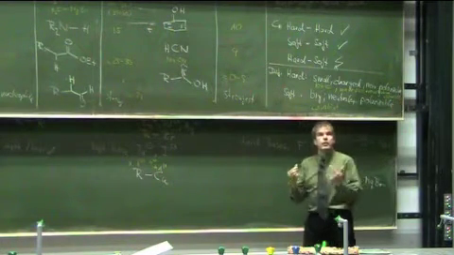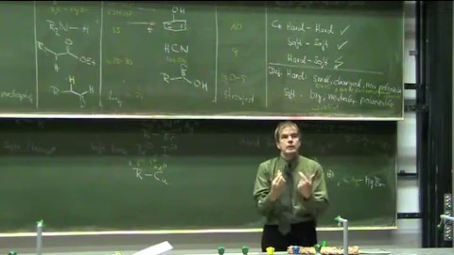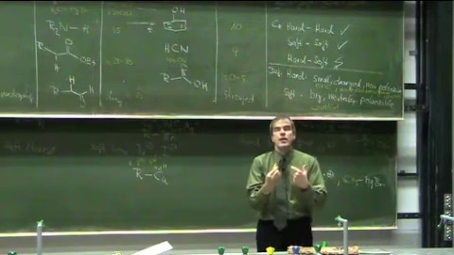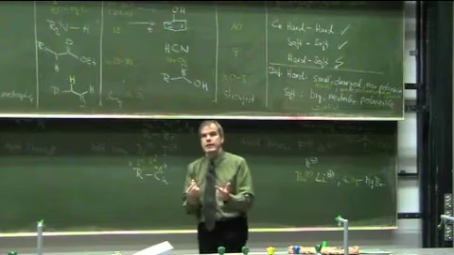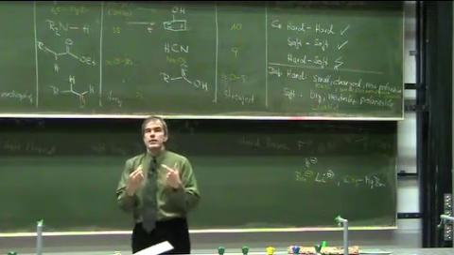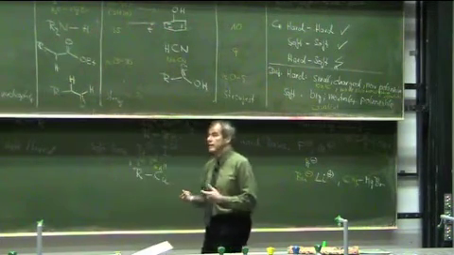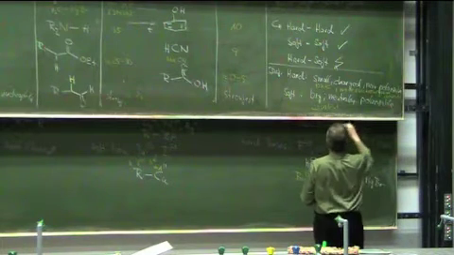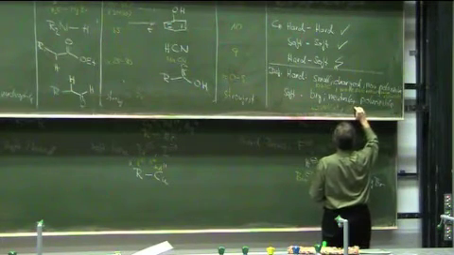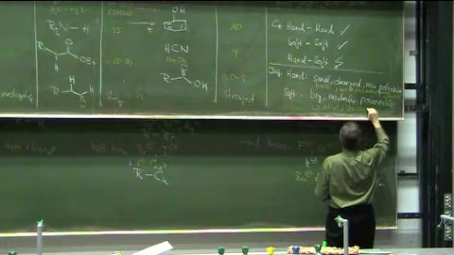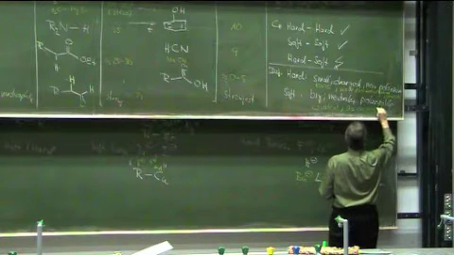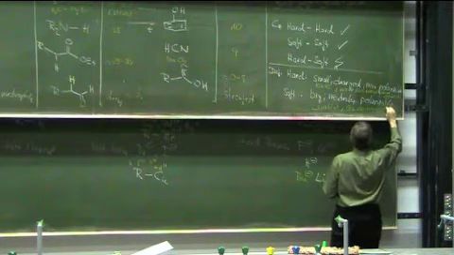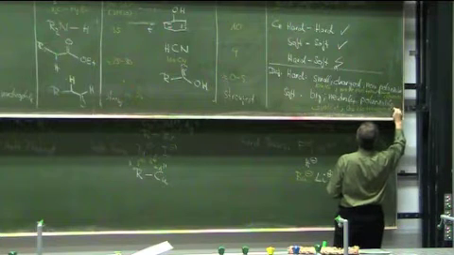This goes along with polarizability, because the more electronegative an element is, the less willing it is to share its electrons, and the less polarizable it is. And so here we have less electronegative elements.